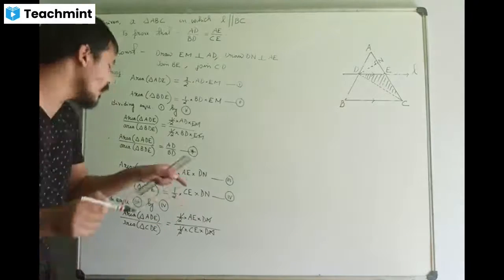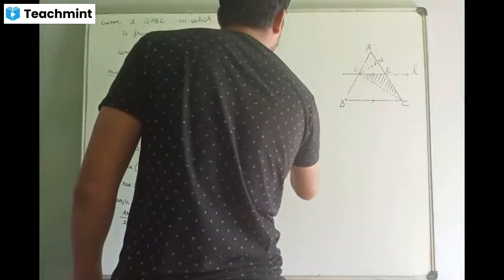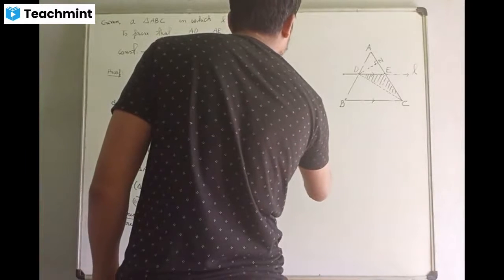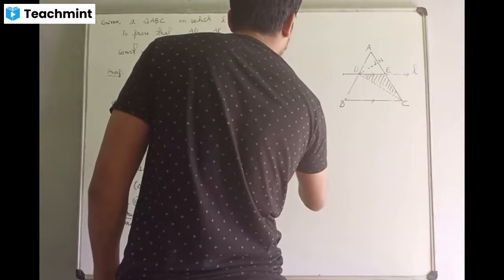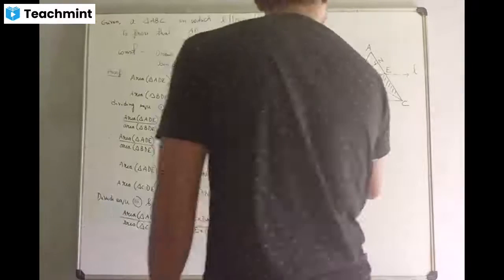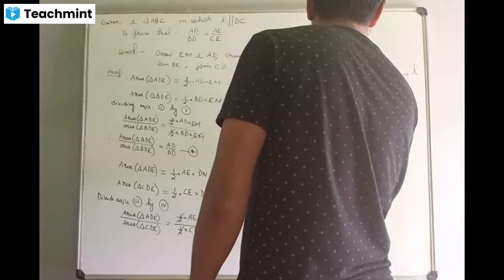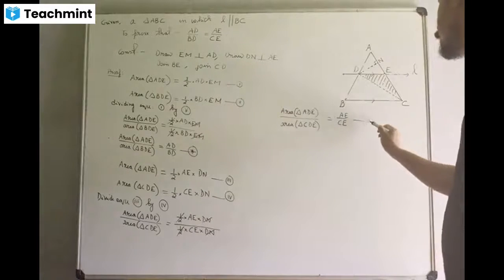So what we have here is, therefore, area of triangle ADE upon area of triangle CDE is equal to AE upon CE. So this is your equation number 5.